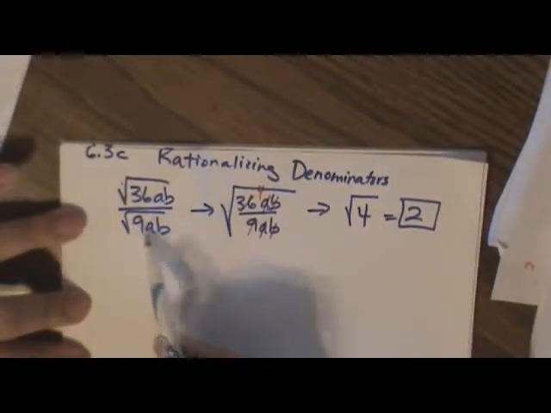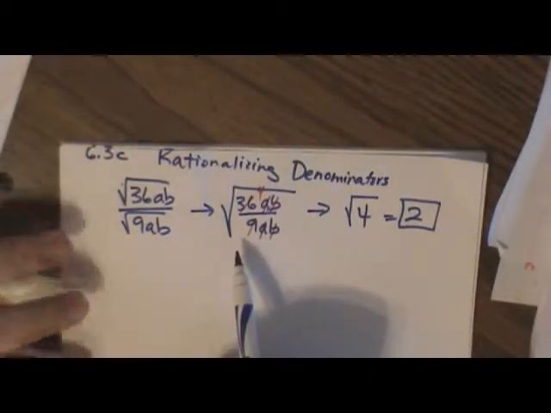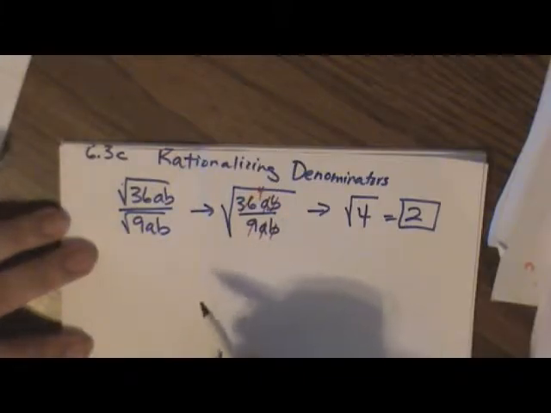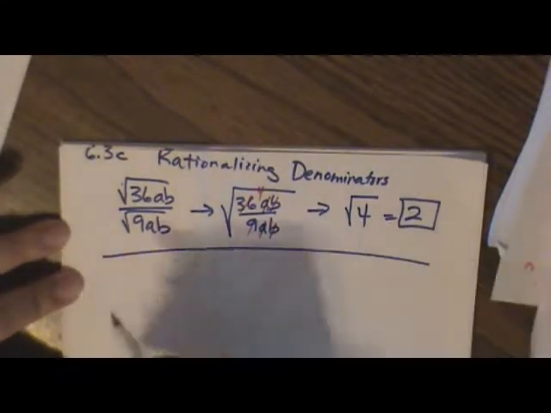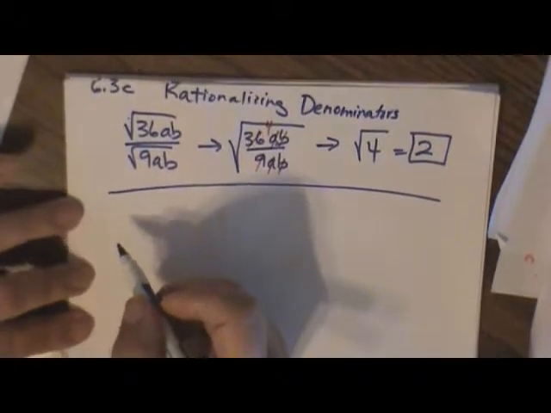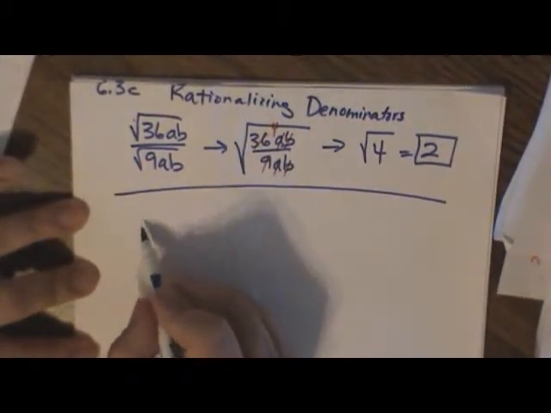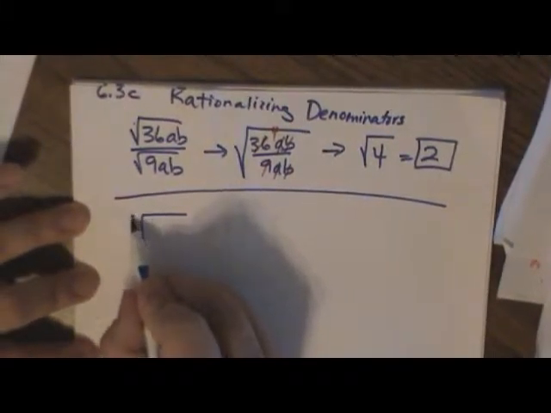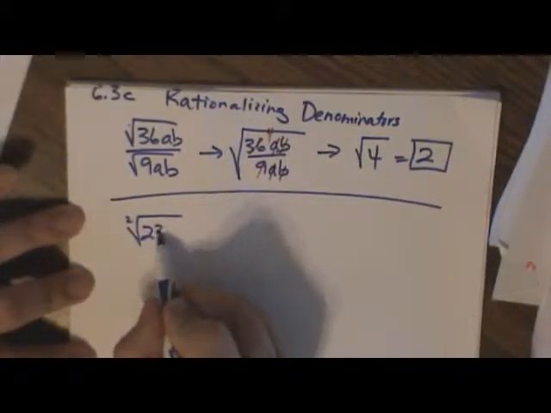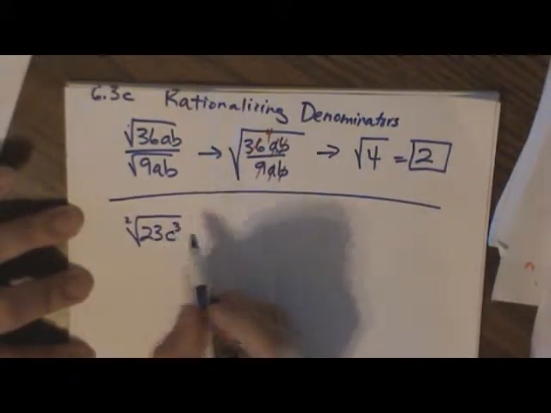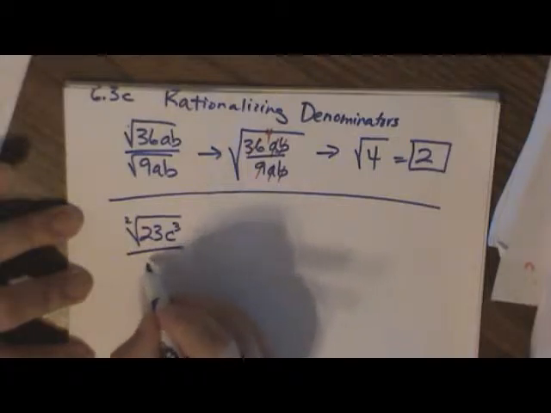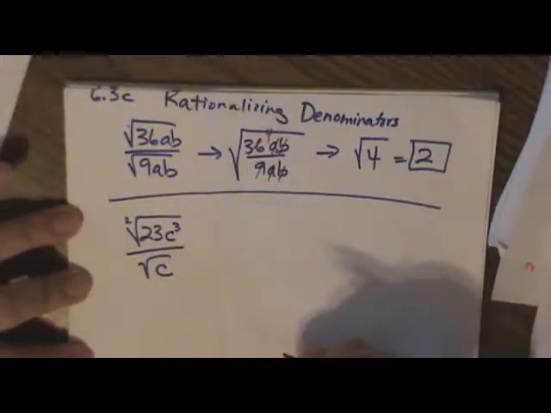So this one here, we didn't have to rationalize the denominator. Let's try this one. We've got the square root of 23c cubed divided by c.